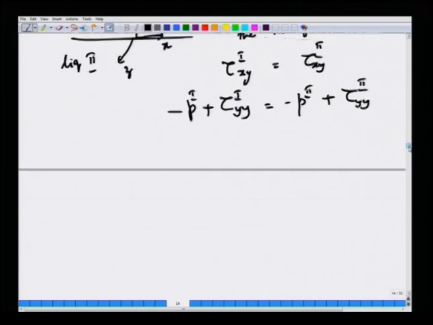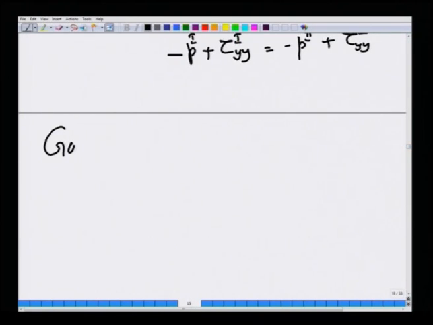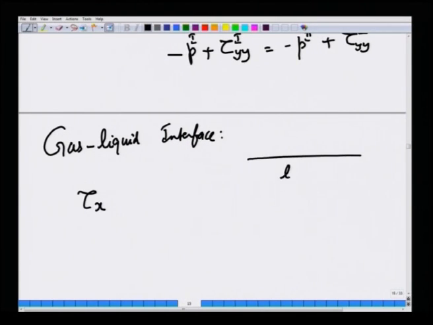But in the specific case of a gas liquid interface, since the viscosity of the gas is very small, you can often approximate that the shear stress exerted by the gas on the liquid is 0. So, what is often found is that if, let us say, you have a liquid and a gas, then the shear stress exerted by the gas on the liquid is negligible.